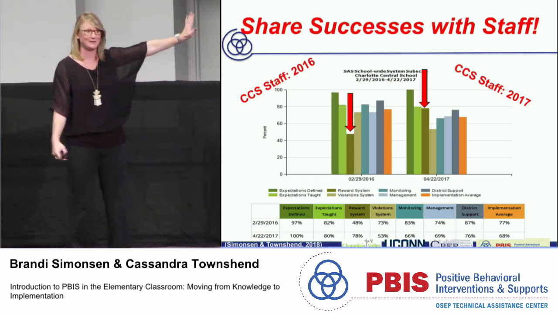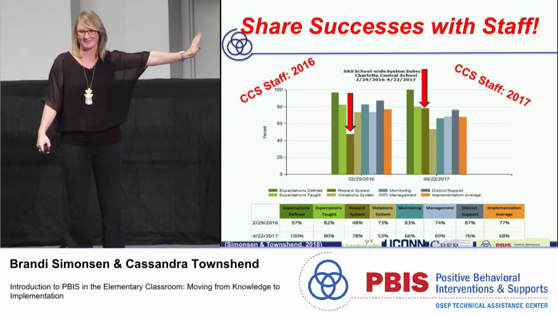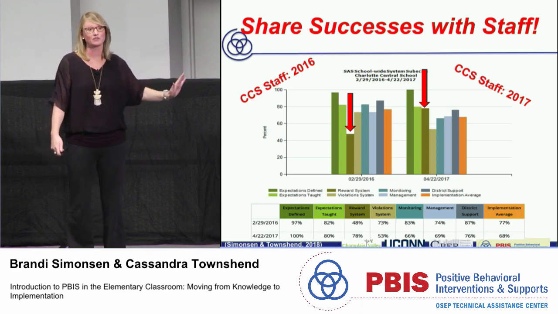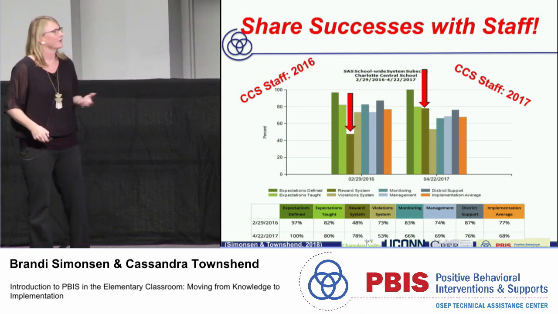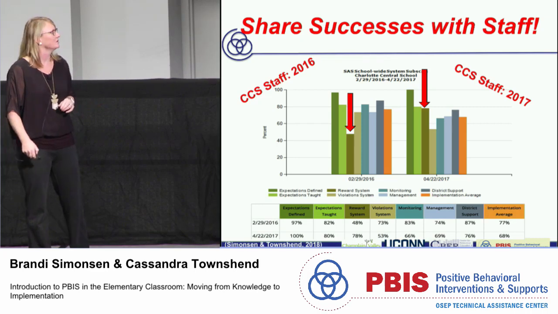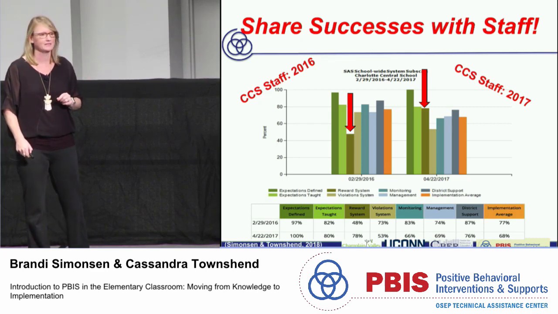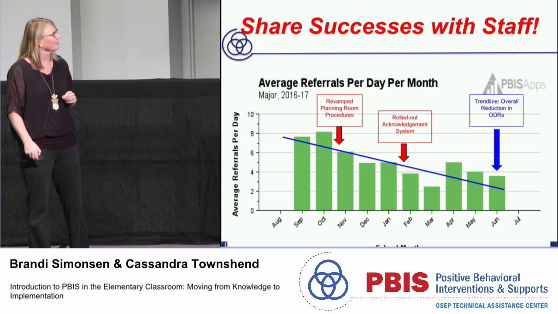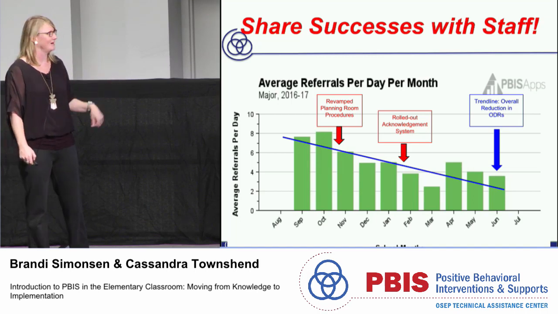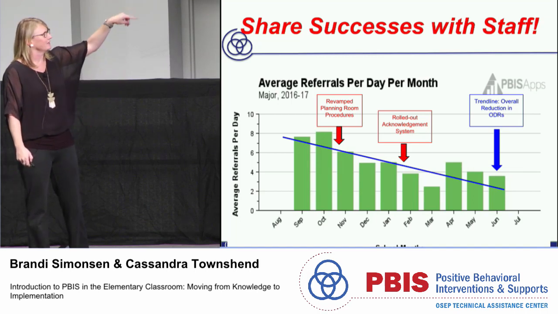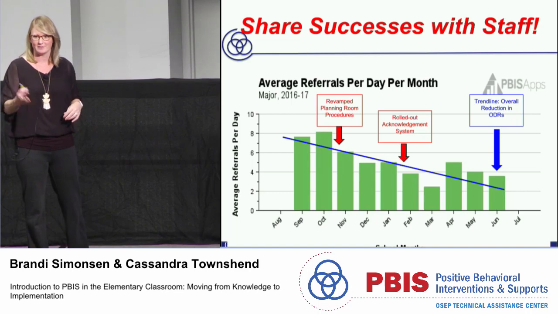This was something we celebrated as a staff. It also led to an increase in buy-in for staff because we were working collectively as a school to make improvements for our students based on data. What we also discovered is that as we were doing this, our office discipline referral rates went down. We revamped some of our response systems that Brandi highlighted earlier. You also have to have those.